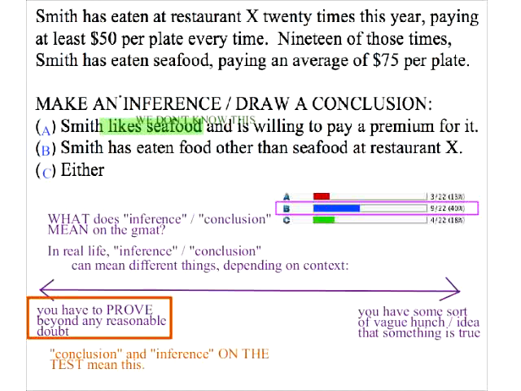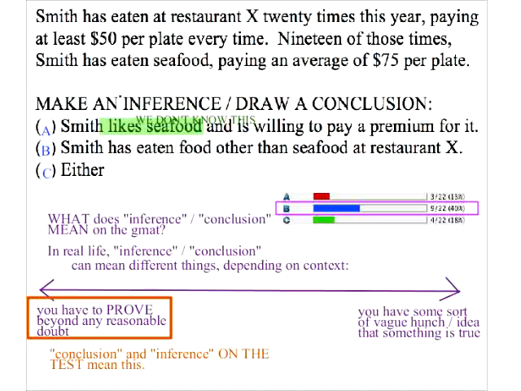So, Steven says maybe it's a health thing. I personally eat chicken breasts all the time, even though I don't really like chicken breasts. But I eat them anyway because they're very good for the sort of diet that I eat. Could be religious. Maybe Smith doesn't eat meat on certain days and eats seafood instead, like a lot of Catholics eat fish on Friday.